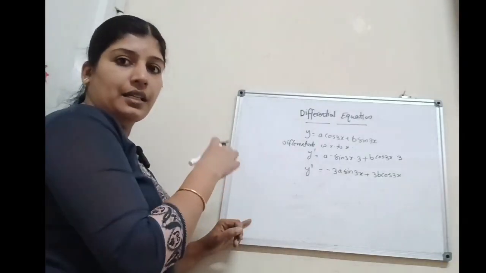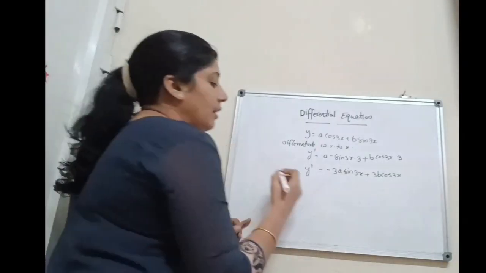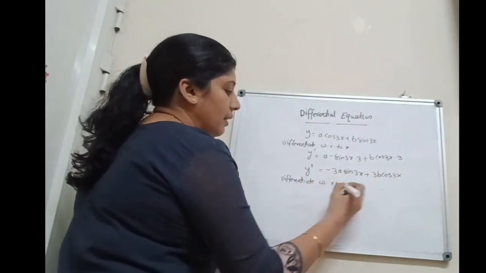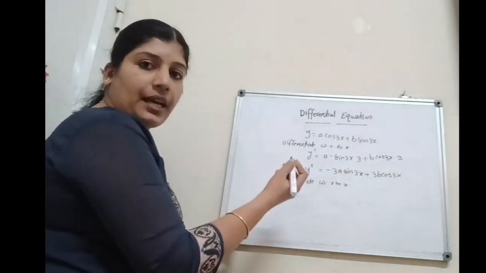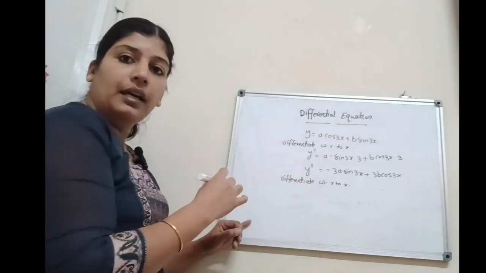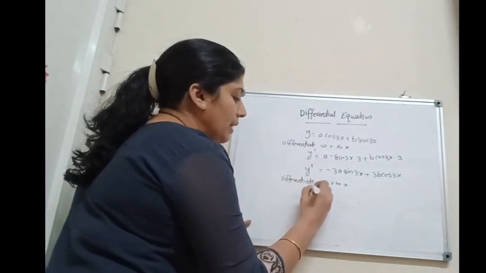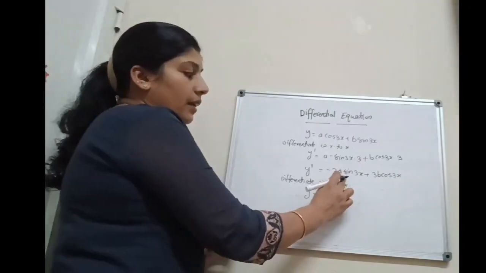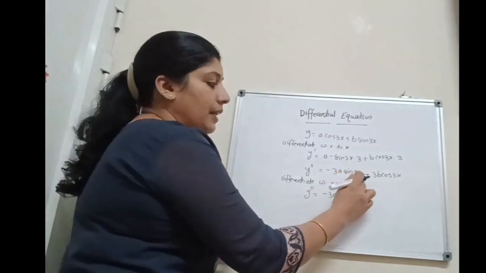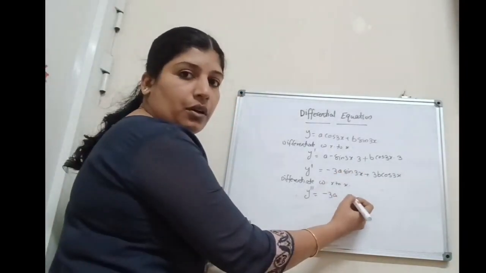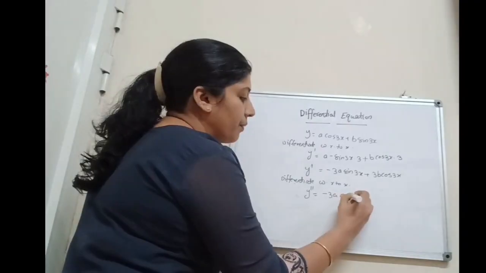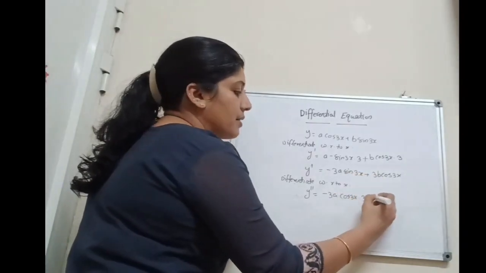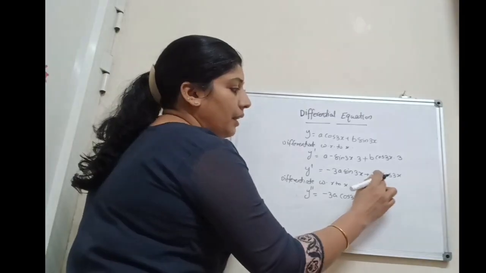Again, we have to differentiate it because it has two arbitrary constants. Therefore, again differentiate with respect to x. Therefore, d by dx of y dash is y double dash, that is d square y by dx square. It is equal to minus 3a into d by dx of sin 3x, that is cos 3x, into the derivative of 3x, which is 3, plus the second term, 3b cos 3x.